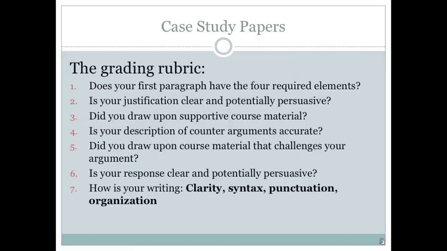Then I'll ask, is your description of counter-arguments accurate? Are you fair to the perspective of those who would disagree with you? And do you draw upon the course material that challenges your perspective and your argument? And then, of course, do you offer a clear and potentially persuasive response to that counter-argument?